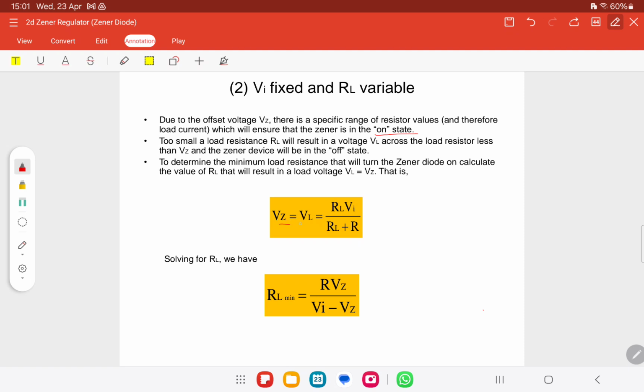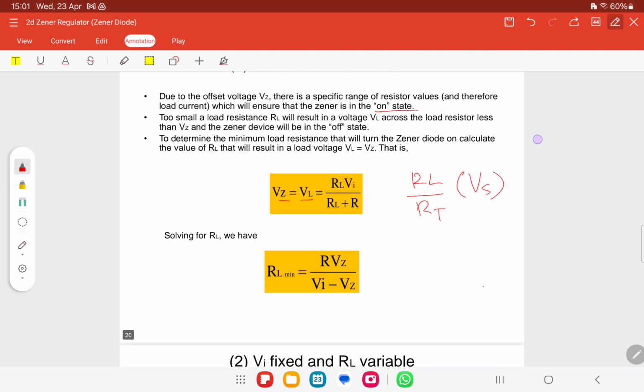So this one is from the voltage regulator formula also: voltage divider, RL over R total multiplied with the V supply, or VS, the same.